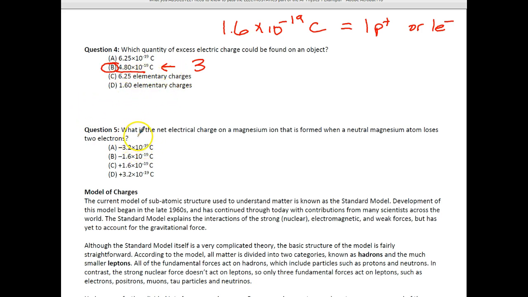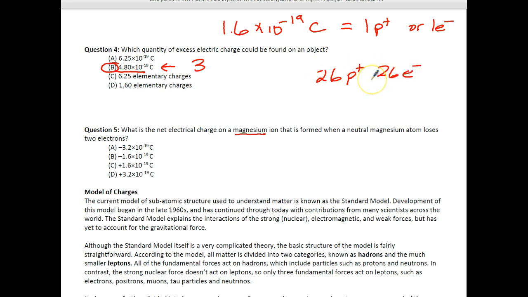For number 5, it says, what is the net electrical charge on a magnesium ion? So they're trying to make this look really difficult, but it really is not. This magnesium ion is formed when a neutral magnesium atom loses 2 electrons. So let's just say that it starts with 26 protons and 26 electrons.